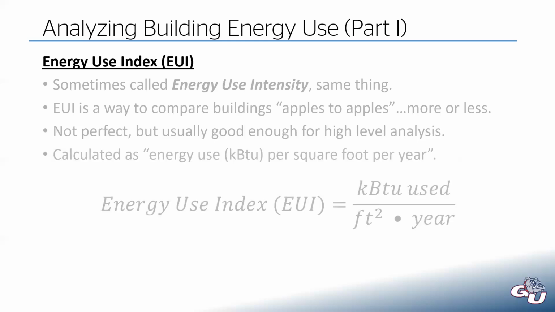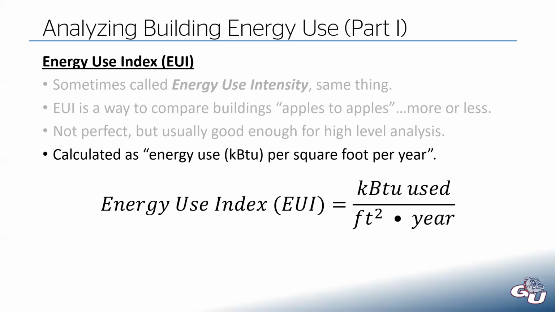The way it's calculated is it is the energy use of that building measured in kBTU, 1,000 BTUs, per square foot of building per year. So this factors in how much energy is being used and what is the size of the building.